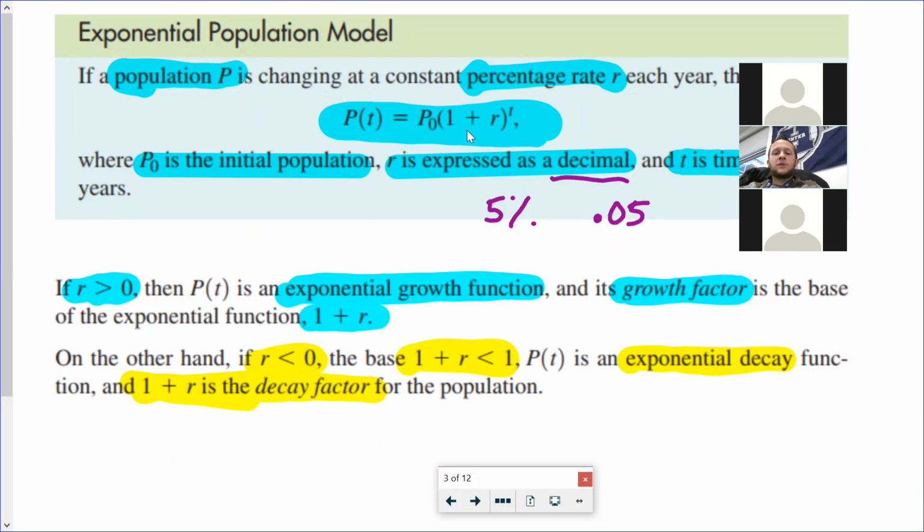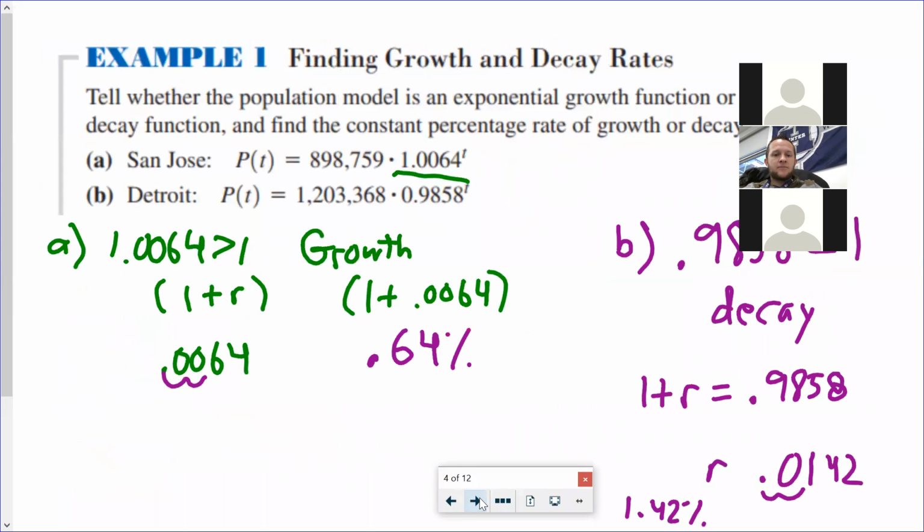And so it's plus the rate when it's going to be growth, and it's minus the rate when it's going to be decay. So for example, when we did this problem here, it was 0.9858, which meant we did 1 minus 0.0142. So the rate here is 0.0142, which is 1.42%, but that's decreasing at that rate. So it's like 1 minus that. That's how we got the 0.9858.